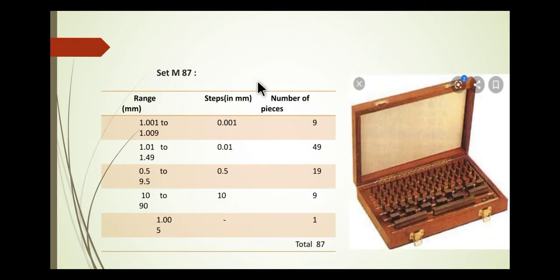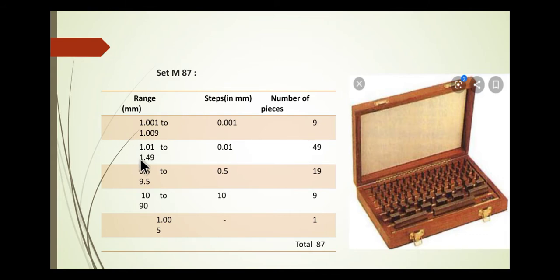Here is the set of M87. The range is 1.001 to 1.009, steps in mm 0.001, number of pieces required 9.